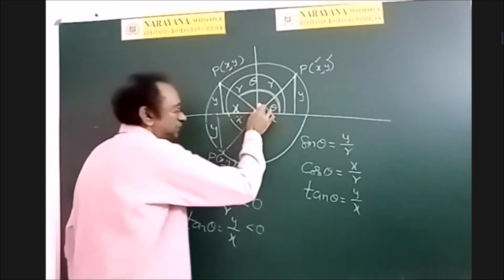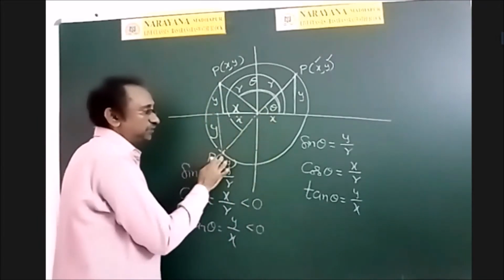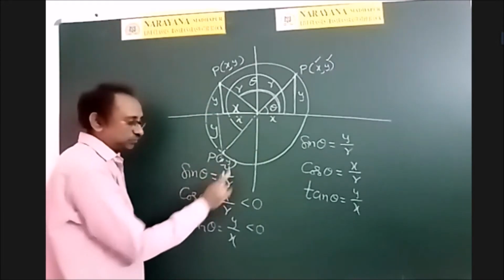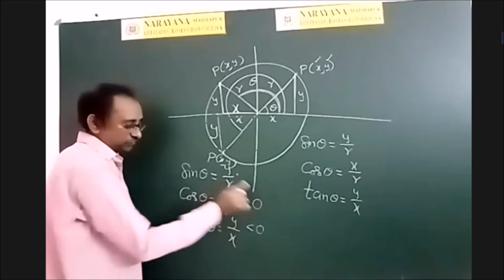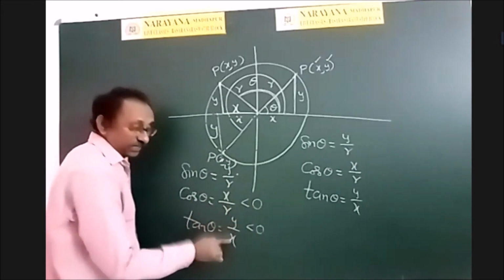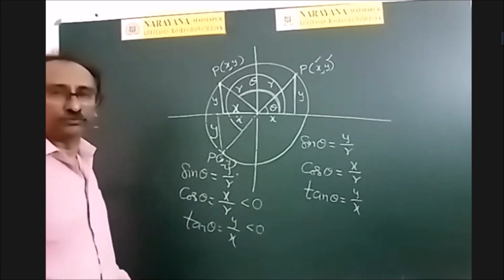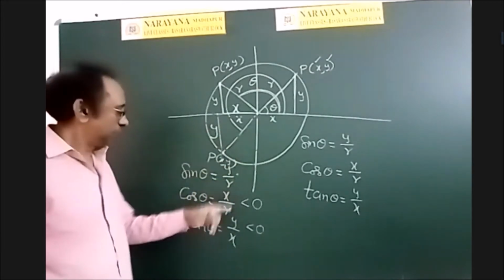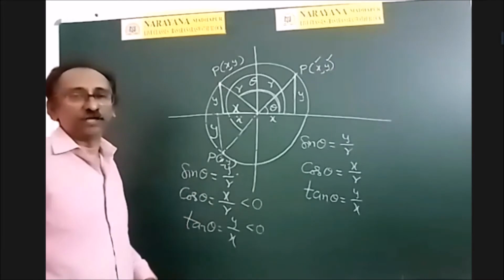Y negative means it is below the x-axis. So the y value is negative, the x value is negative. Therefore here negative by positive, negative. Negative by positive, negative. But here see, negative by negative, that is positive. And therefore tan theta is positive in the third quadrant and sin theta and cos theta are negative.